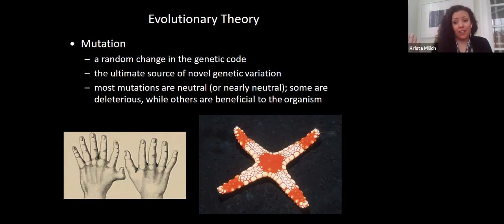Instead, it confers a disadvantage, and it's less likely that that individual will be able to compete to survive and reproduce. But sometimes you have mutations that are beneficial to an organism. It makes them better at surviving and reproducing. Now, this sounds like a very positive thing, right? But when we're talking about a mutation in a virus that makes it better at surviving and reproducing, that actually accounts for something really problematic for us in terms of that mutation.